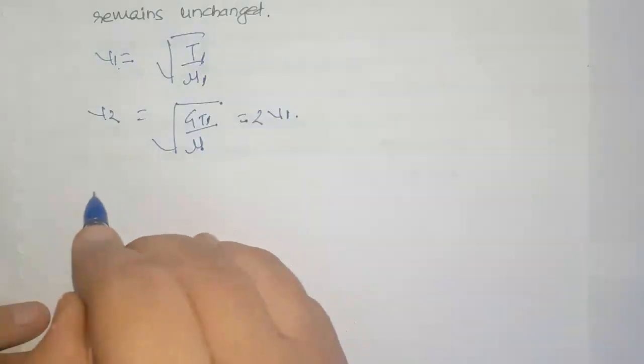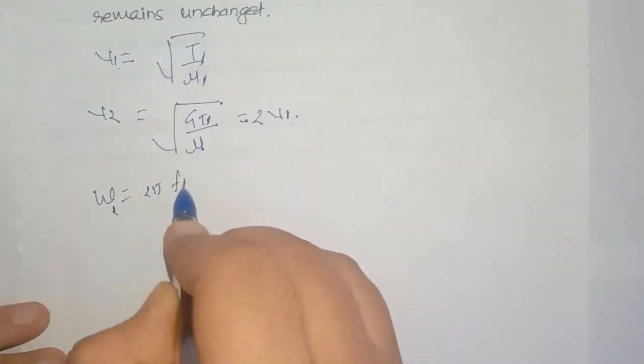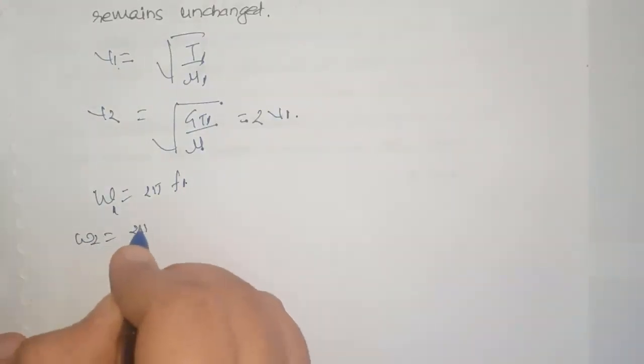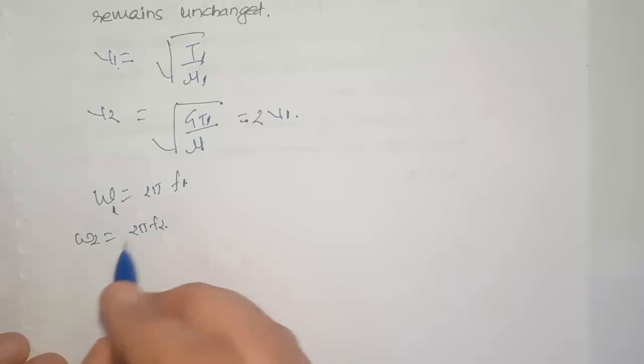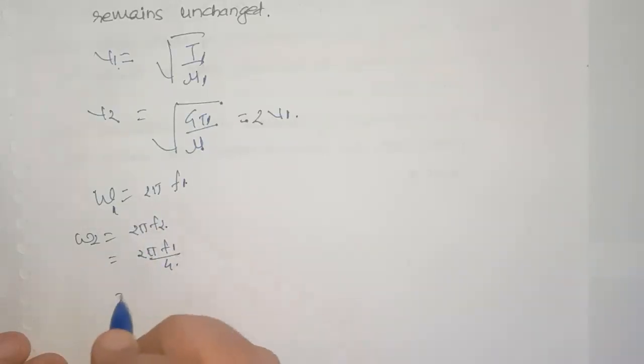Also, omega 1 is 2 pi f1 and omega 2 is equal to 2 pi f2, that is 2 pi f1 by 4. So omega 2 will be equal to omega 1 by 4.